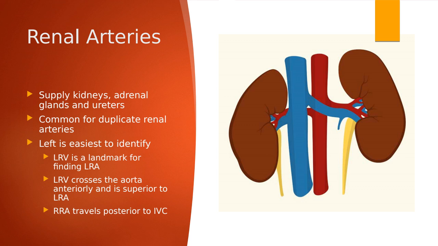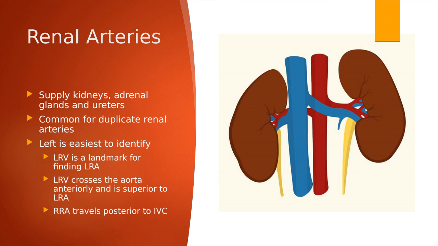For the left kidney, we're not really having to look around the IVC as much, and it's actually going to be more anterior than the right one is. So the left side is a little bit easier for us to identify than the right side. We can use the left renal vein to help us find the left renal artery, but usually we're not really having too much trouble identifying the left renal artery anyway.